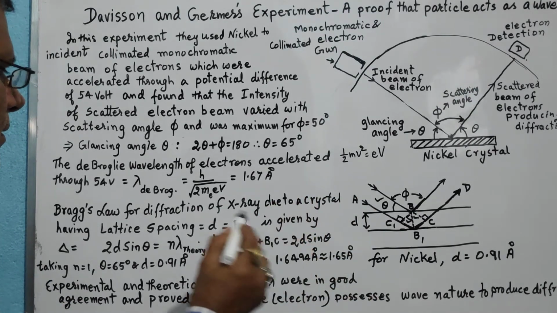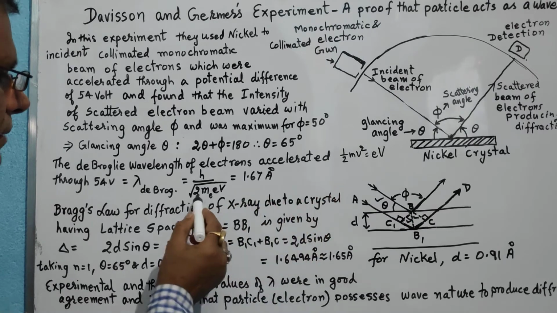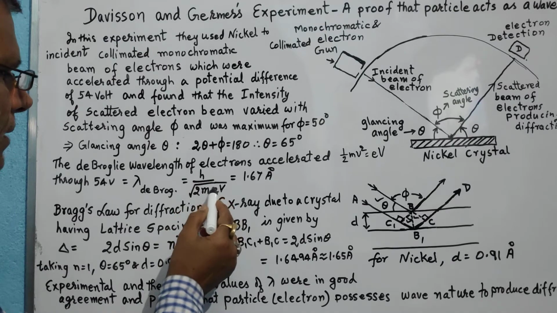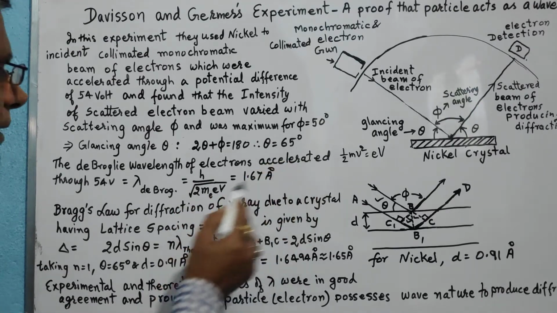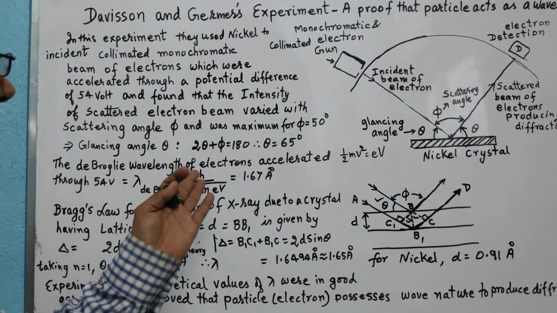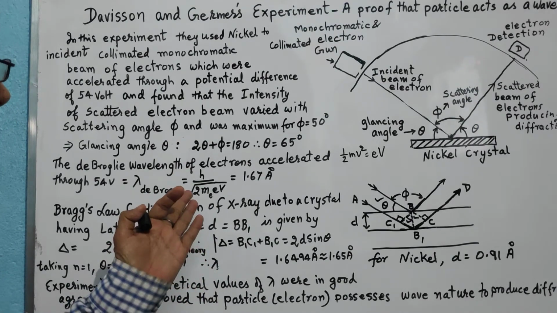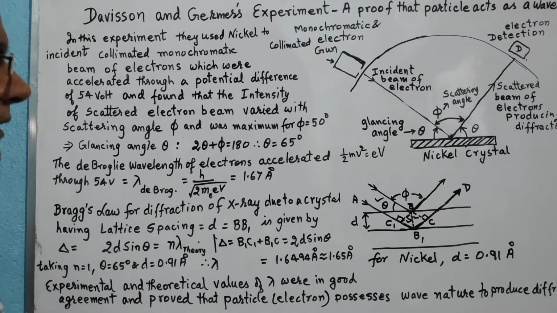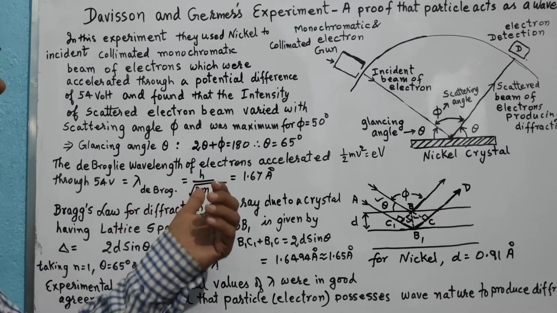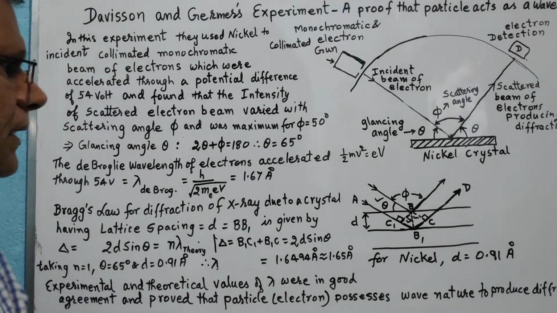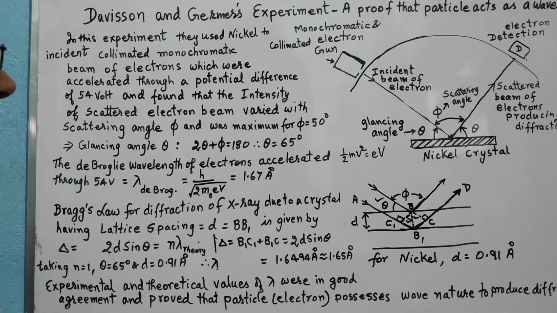Putting the momentum in the denominator, h divided by the momentum of the electron gives us the de Broglie wavelength. It can be calculated by putting the value of h, the mass of the electron, the charge on the electron, and the potential difference across which the electrons were accelerated. We have done it in the previous lecture and it is found to be 1.67 angstrom.